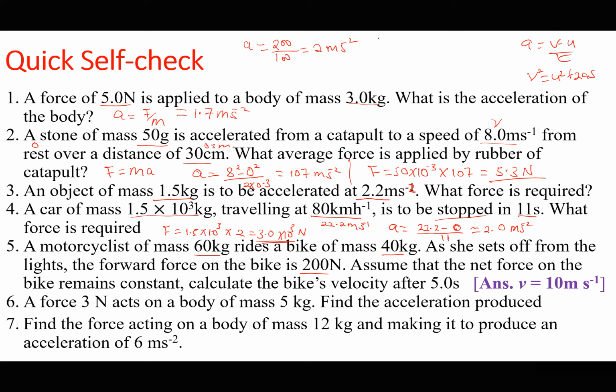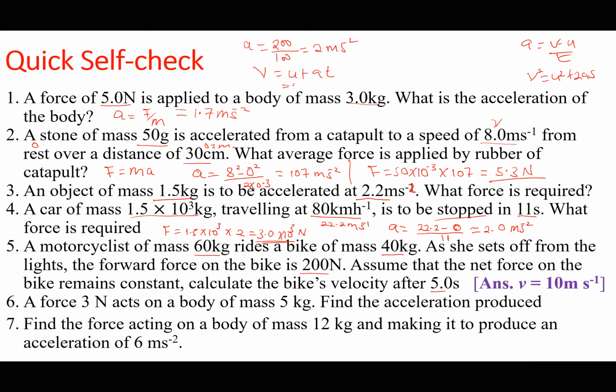And we want to find, assuming that the net force on the bike remains constant, the bike's velocity after 5 seconds. So I'll simply use v equals u plus at, because the force is constant, so the acceleration is constant. As she sets off from the lights, that means initial velocity is 0.